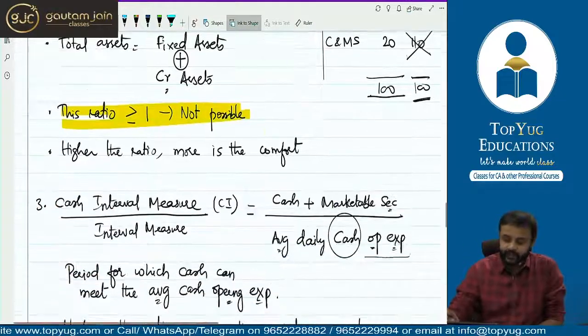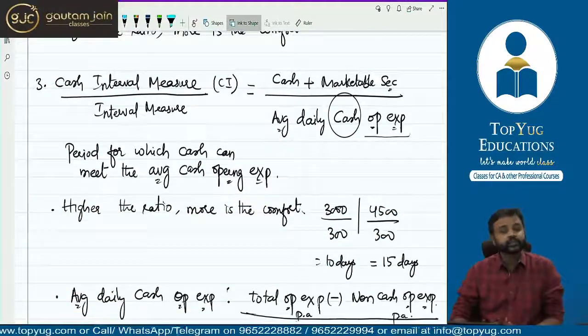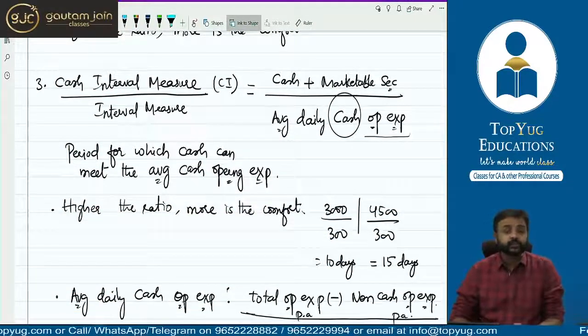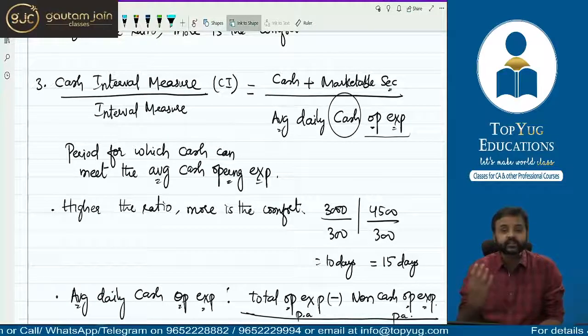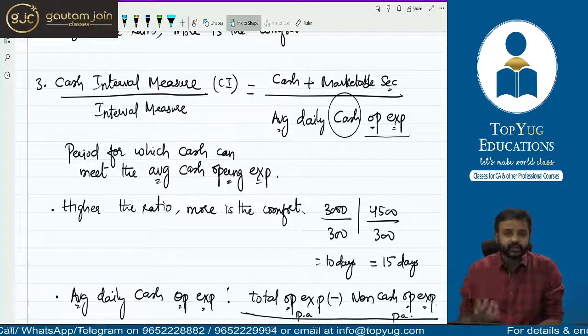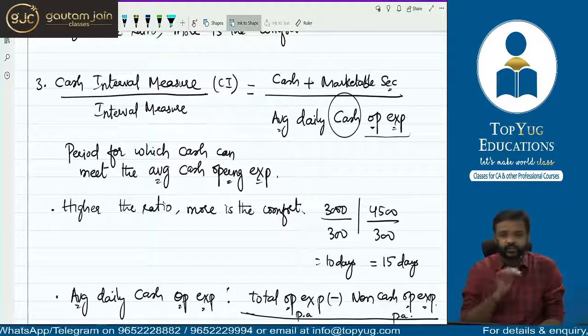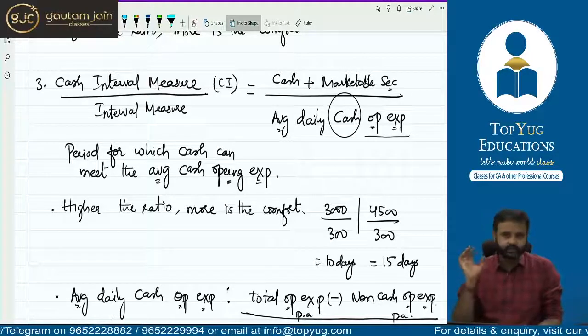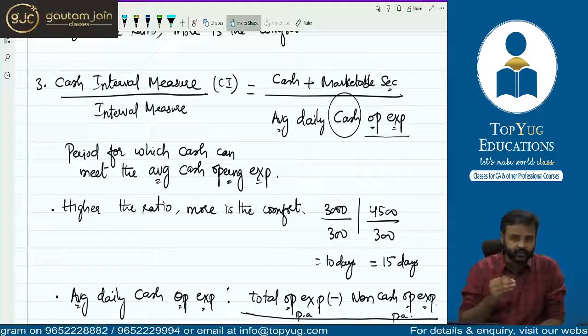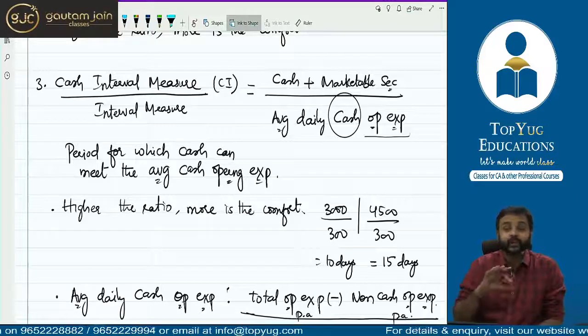That won't happen. Then cash interval. Here we said that the cash which is there in the business is enough for how many days to meet the operating expenses, right? So that is where cash plus marketable securities divided by average daily cash operating expenditure, correct? On an average, how much is the daily cash operating expenditure?